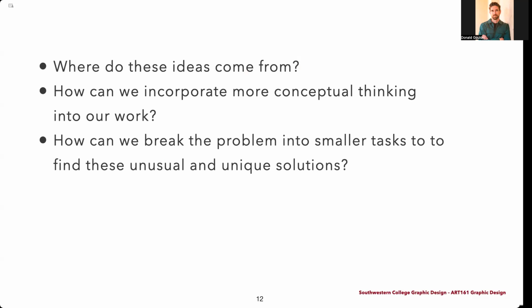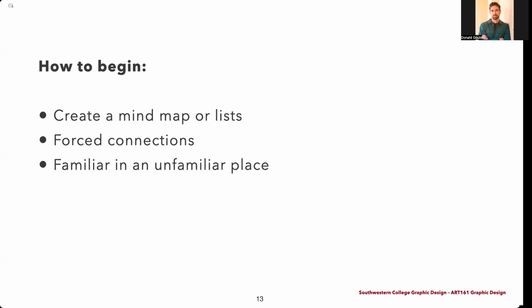So how do we come up with these ideas ourselves? How can we incorporate more conceptual thinking into our work? And how can we break the problem into smaller tasks to find these unusual and unique solutions? One of the first things that you are going to do is create a list or a mind map. And there's a template for this in the module.